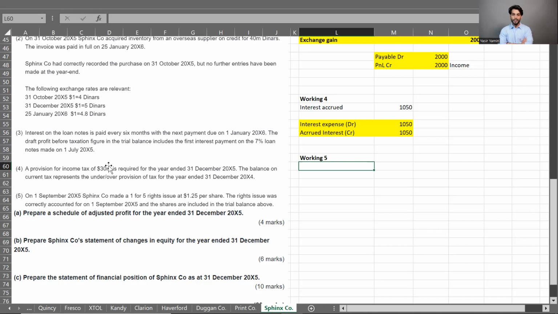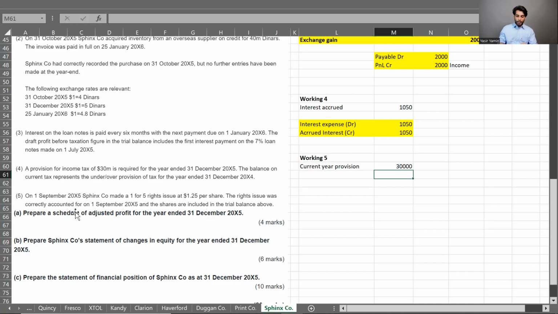A provision for income tax of 30,000 is required for the year ending 31st of December X5. For this particular year, the tax provision should be 30,000. Excellent. This is the current year tax provision. Current year provision, 30,000. Done.